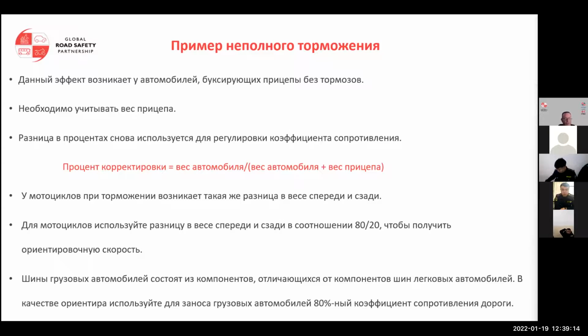That tells you it's rear wheel only braking, so we only use 20% or 0.2 as our adjustment. If the skid is narrow but straight, that indicates front braking has been applied. We can apply 100% braking.